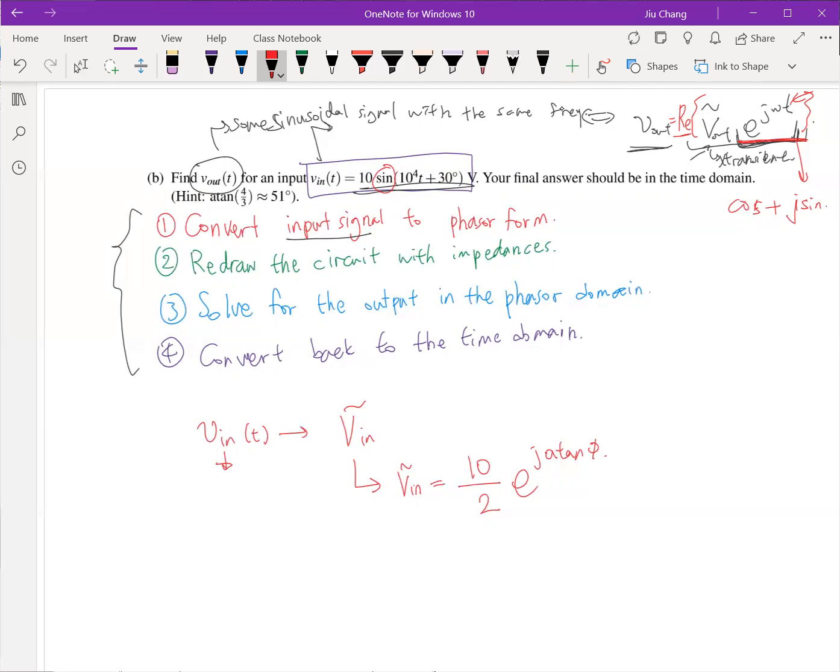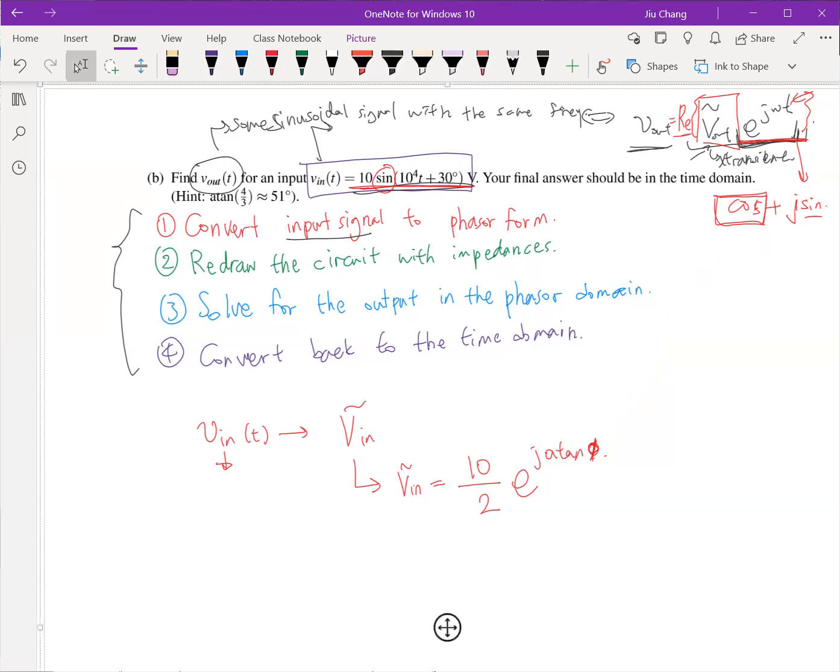So the real part of this will only be looking at the cosine part, and the cosine part will have the phase that we will be using for our phasor. So this phase here should be a phase inside this cosine, but not sine. That's why we're converting the sine signal into a cosine signal, so that we can just borrow the phase part of the cosine signal.